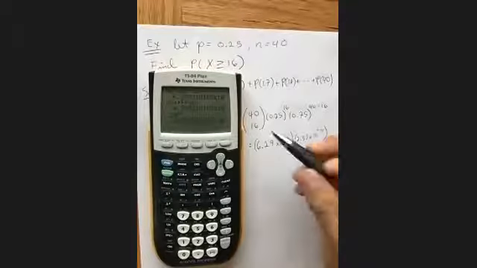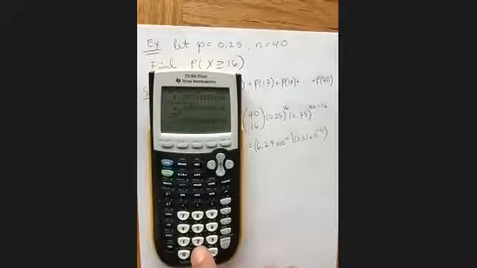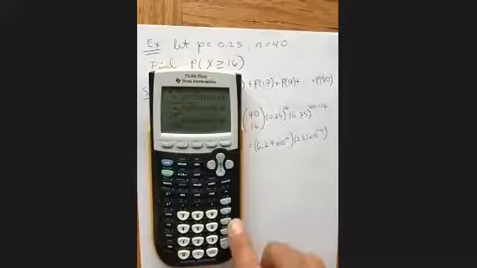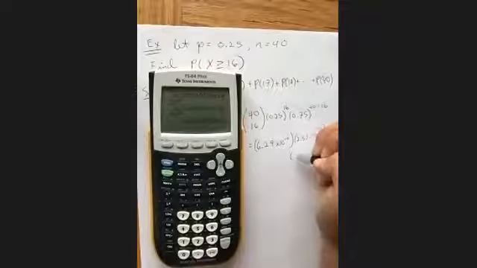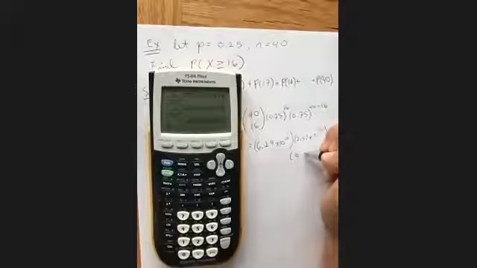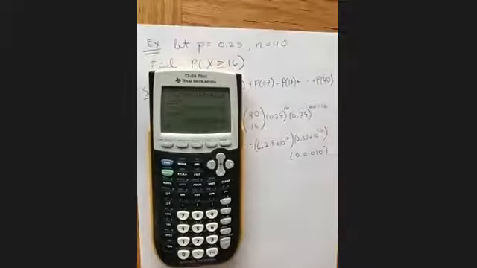And then we have 0.75 to the 40 minus 16th power, which is 24. And that again is going to be a very small number. So all of this is 0.0010. We'll just leave it there.